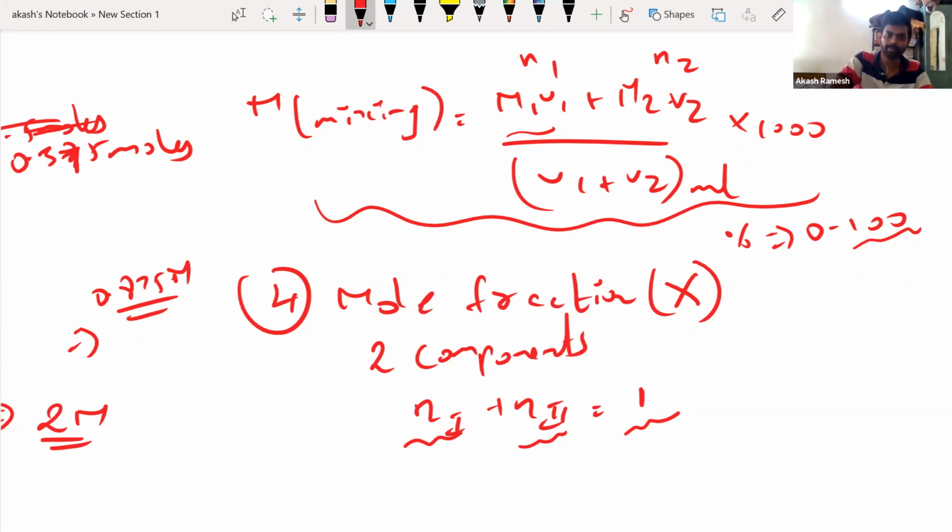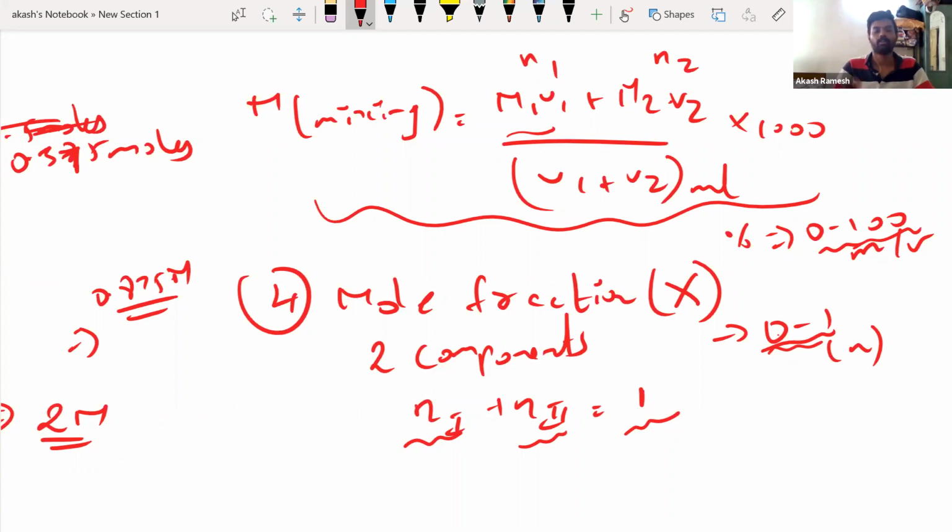But here in mole fraction, the scale will be from 0 to 1. That's the only difference. I will say 2 differences. First difference is the scale: 0 to 100 in mass percentage, and here it is 0 to 1. And second, there I use mass or volume, here I use number of moles.